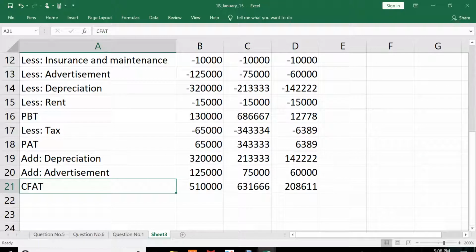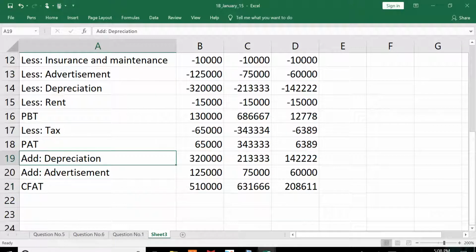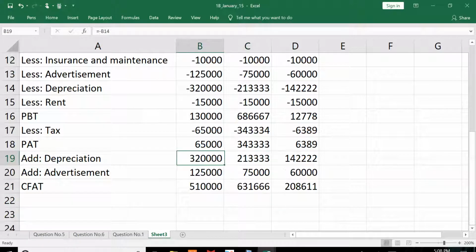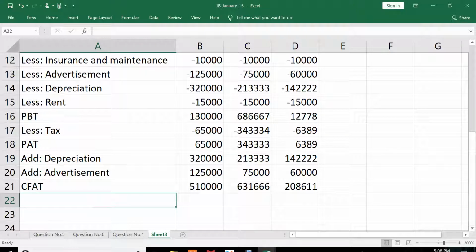We are adding back depreciation and adding back advertisement.